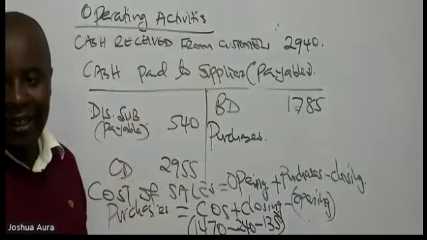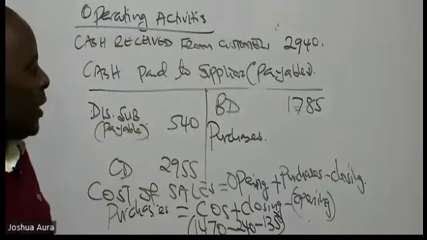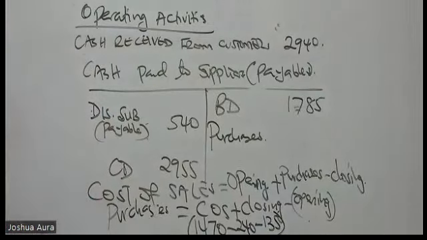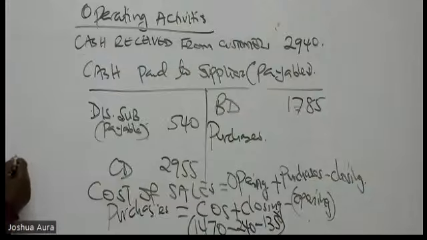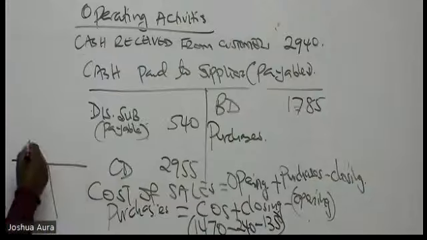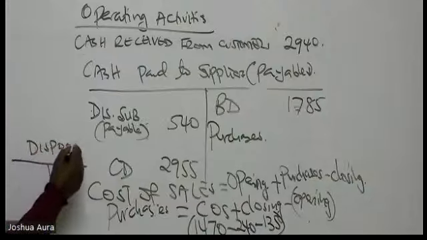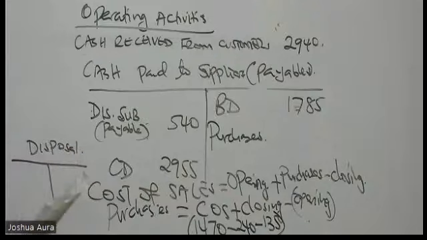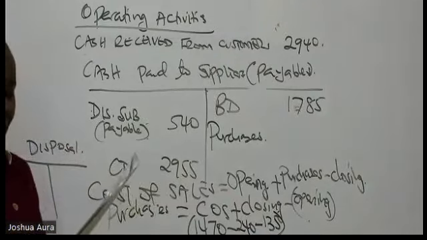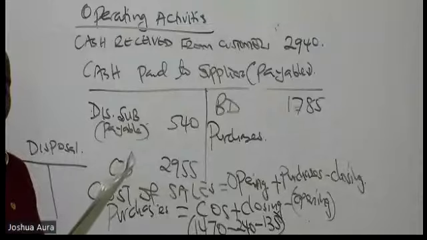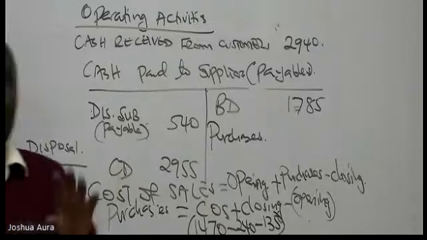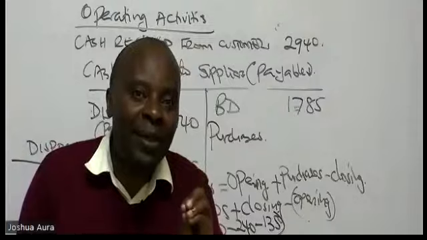Don't even calculate it. However, in the interest of the students who have just joined us, if I'm to do a disposals account, just a small account here called disposals account. Like they're telling us an item of property, plant, and equipment whose carrying value was 885 was disposed. When you dispose a PPE, what happens?